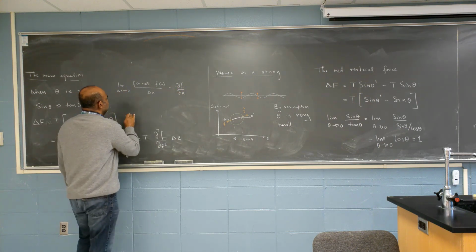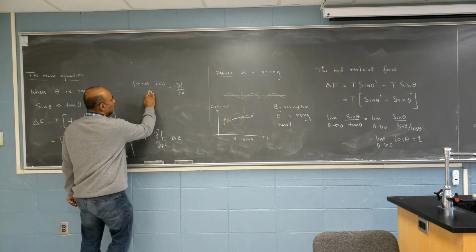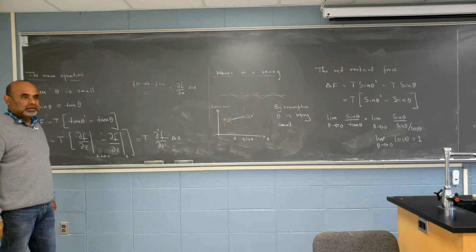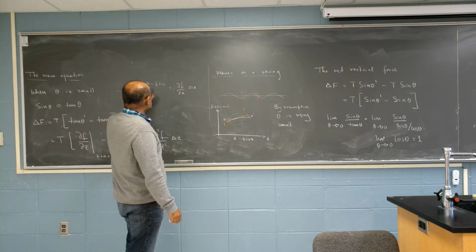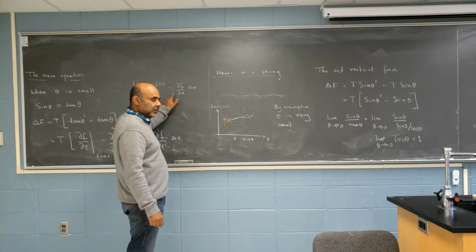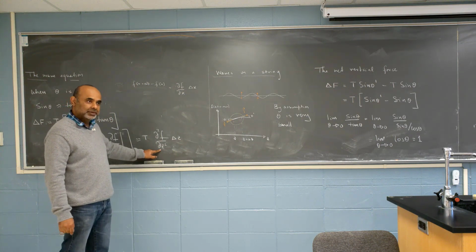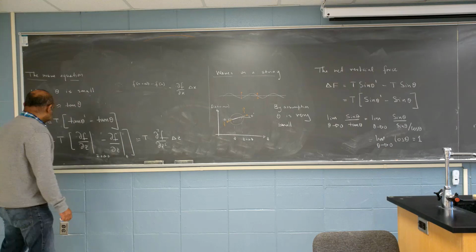That means, for physics, when delta x is small, I just took this delta x over there. So the change in function is the derivative times delta x. Well, the change in derivative is the second derivative times delta x, or in our case, delta z. Fine.